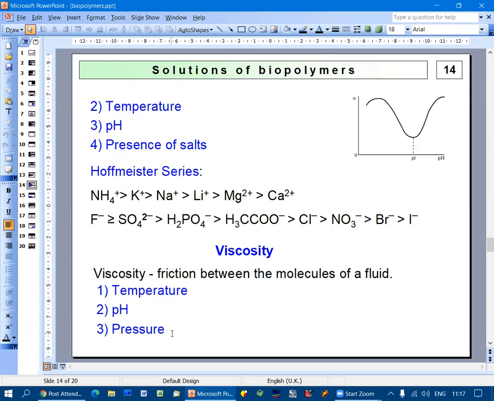So, two specific properties that high molecular weight compounds have, but low molecular weight compounds do not.